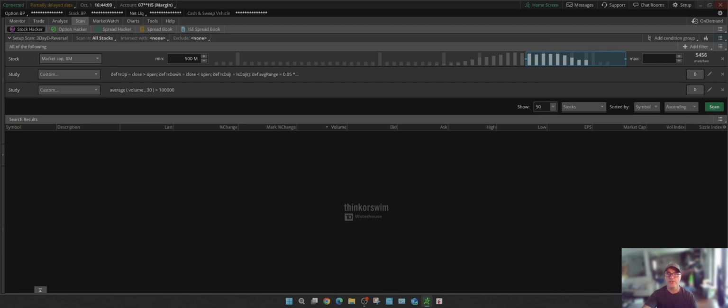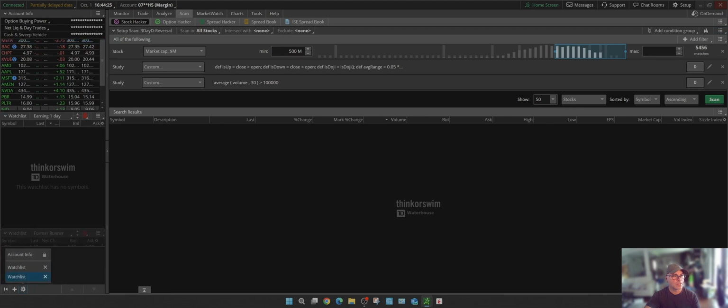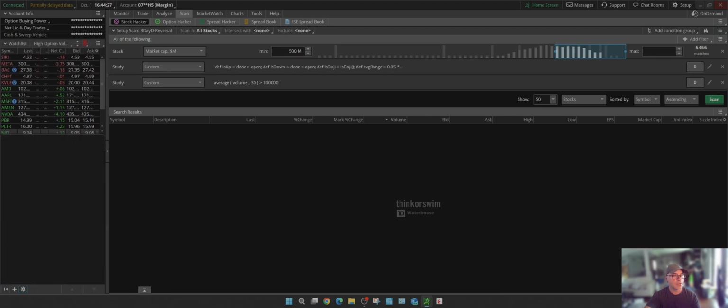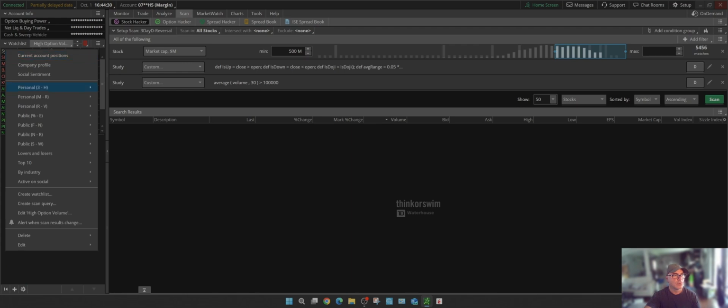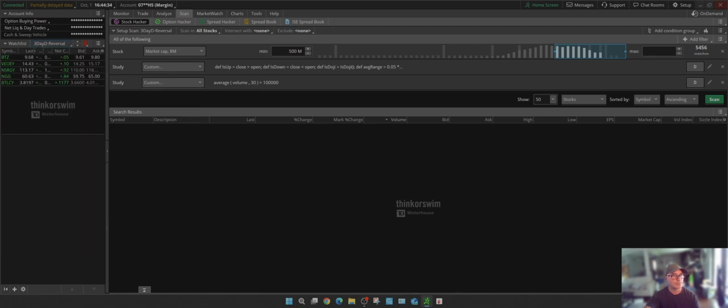What I did was I saved it as a dynamic filter, or I guess a scanner, so we can always open it in our watch list, so we don't lose it. Let me just quickly open it here. We go on our watch list on this side, and I saved it. It's right here. Let's see what it looks like on the chart.